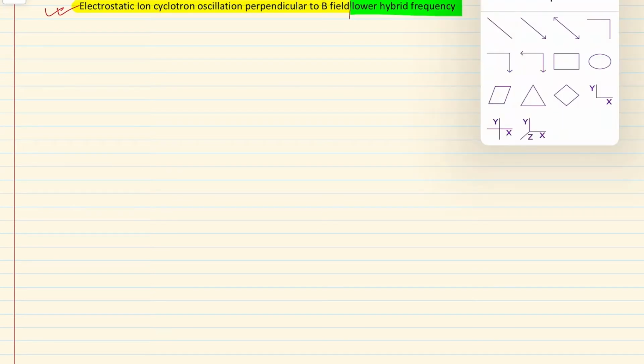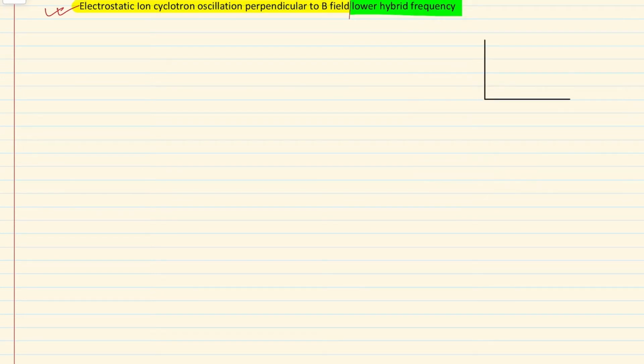So what we have considered here: this is the direction of the wave, and the magnetic field B is applied in the z direction.